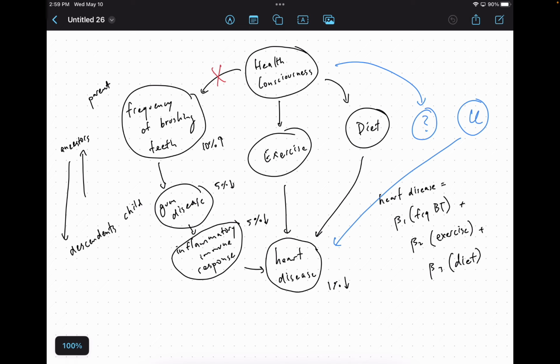So plausibly, your instrumental variable wouldn't go through either of these, it would only go through here, and if we could measure that, then you could control for changes in this that wouldn't be affected by health consciousness overall. You're breaking that link. Okay, and so that's essentially the way that the instrumental variable is working.